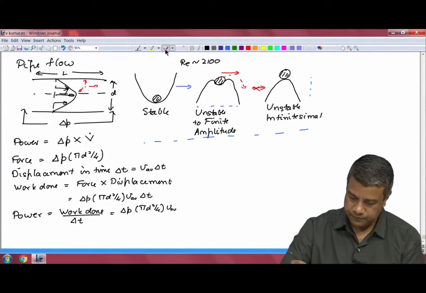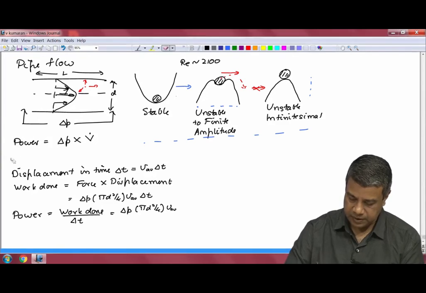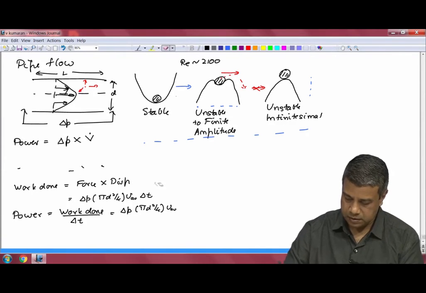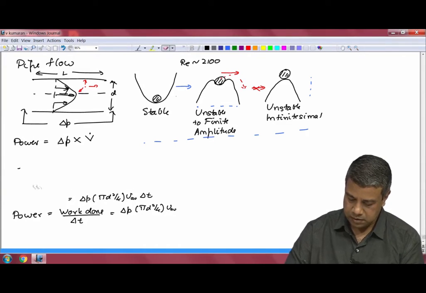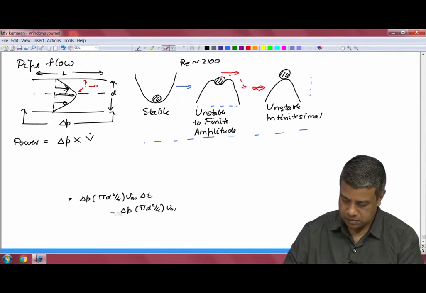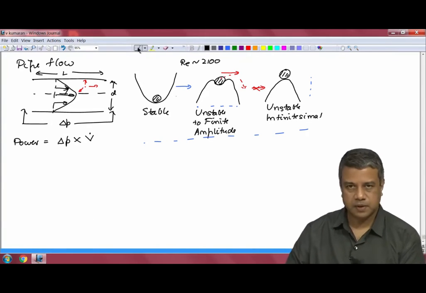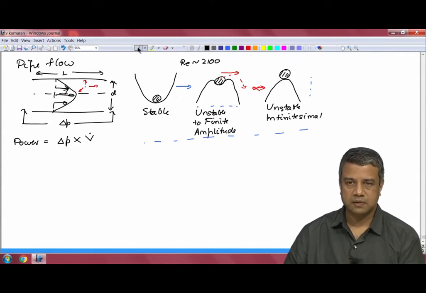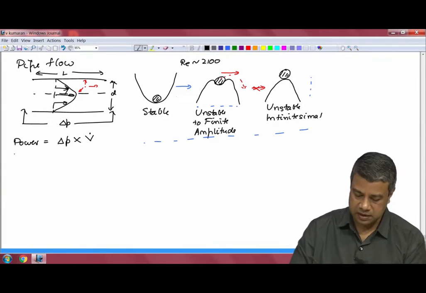So this is the power required. Rather than analyzing the power required, we can analyze the intensive quantity, that is the power per unit mass.